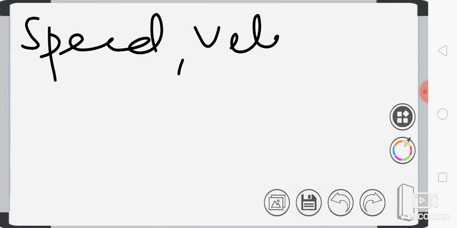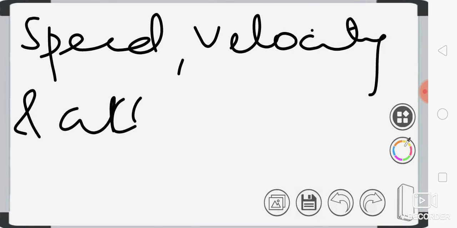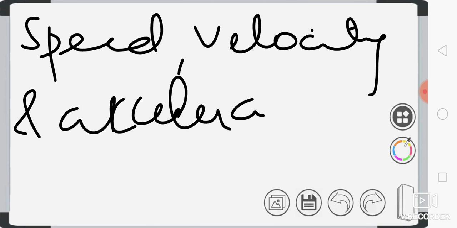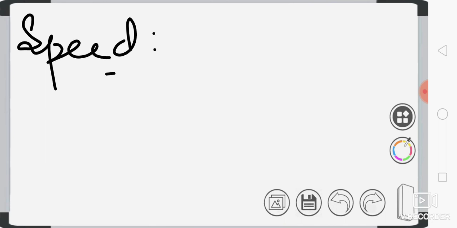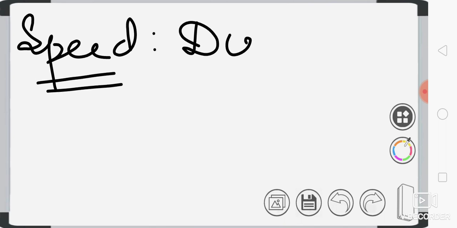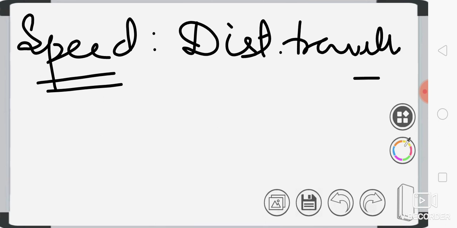Now we will study step by step about speed, velocity and acceleration. So let's start with speed. Everyone knows that speed is distance traveled by time taken.